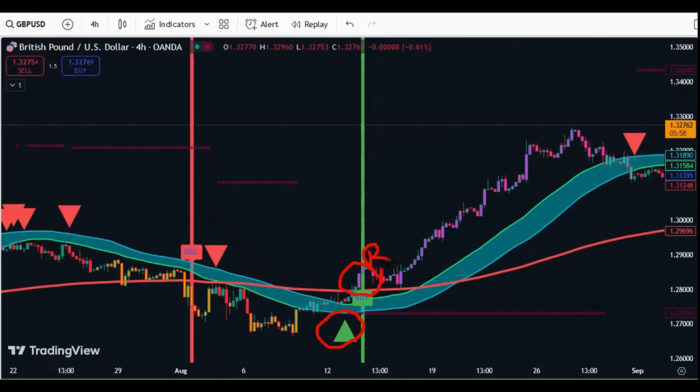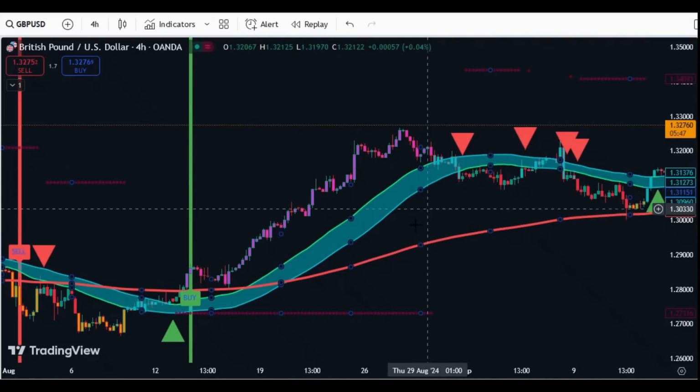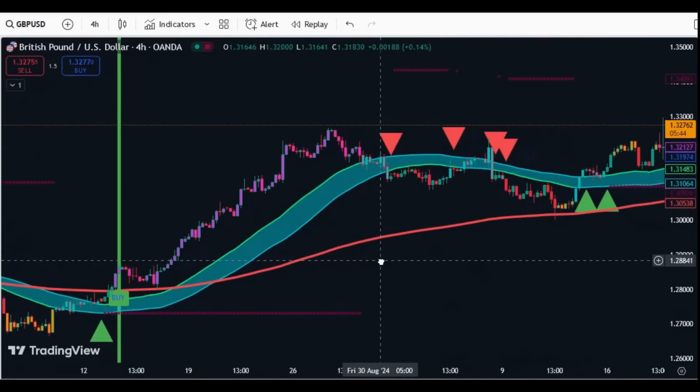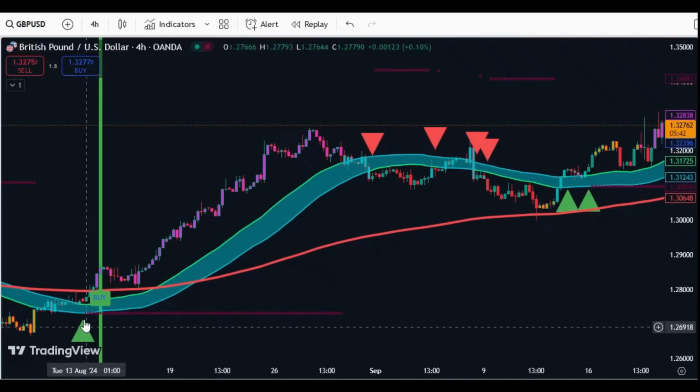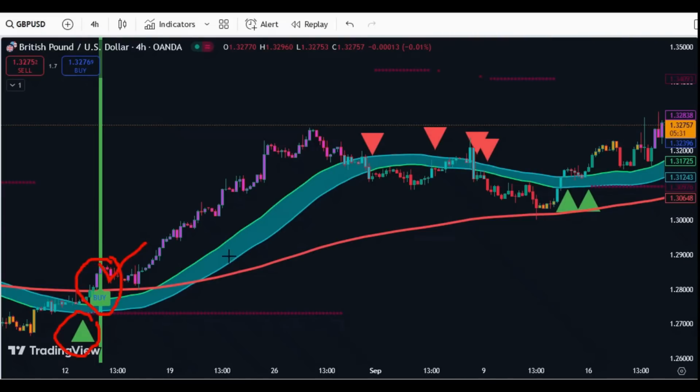And now that we have this arrow pointing in the same direction, this is an opportunity for us to go long. Also, you have some instances where the arrow is already pointing in the direction to go long, and after that you get a confirmation once the moving average confirms the same direction as the arrow component of this strategy. So this also is an opportunity to go long.